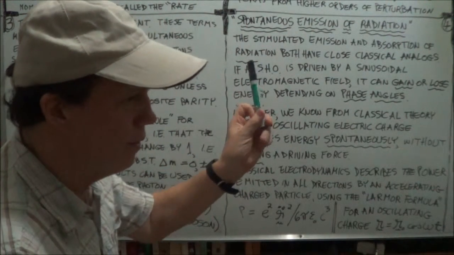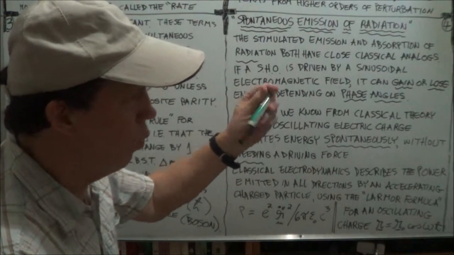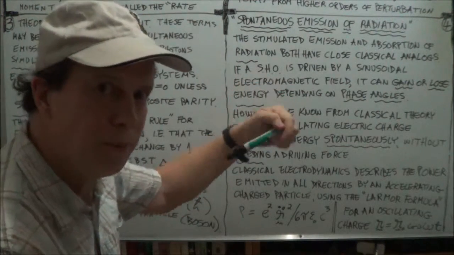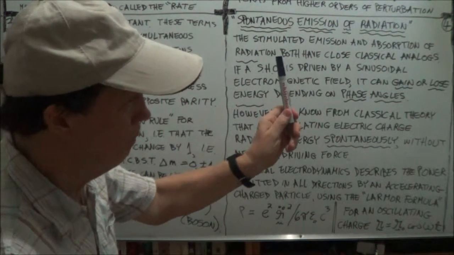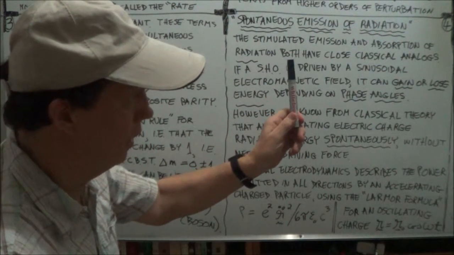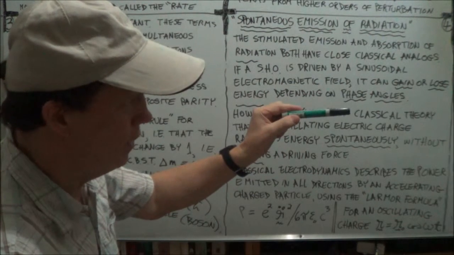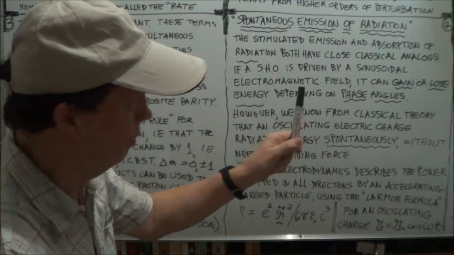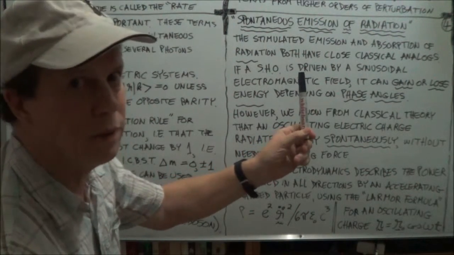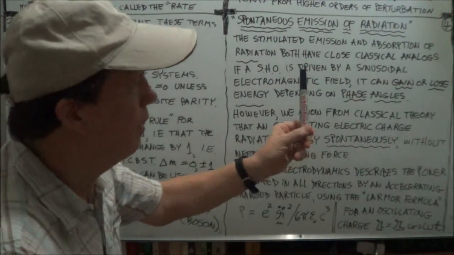Remember the phase, it's the angle, where are you in the cycle, one cycle, like phase 0, then pi over 2, pi, 3 pi over 2, 2 pi.